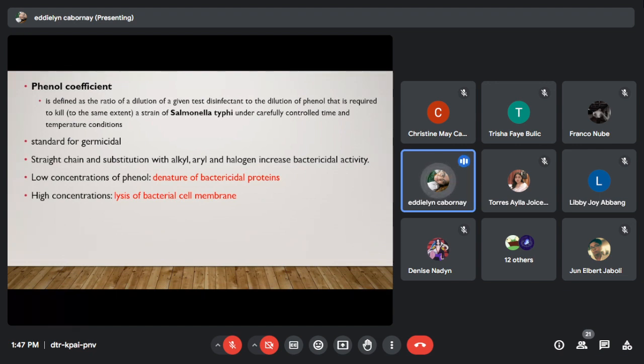Whereas a chemical agent with a phenol coefficient greater than 1.0 is more effective than phenol. We have an example here, chloramine, which has a phenol coefficient of 133. It means that chloramine as an agent can be used to kill Salmonella typhi organisms.